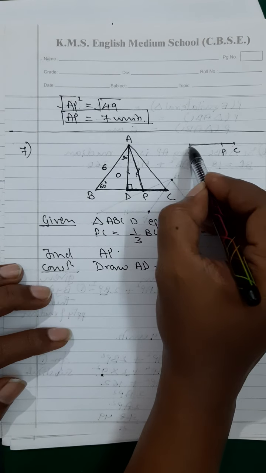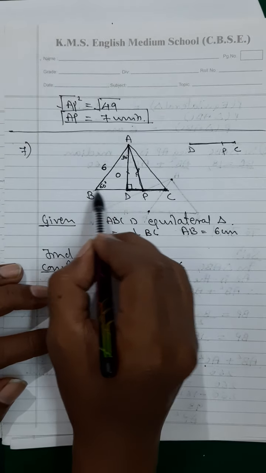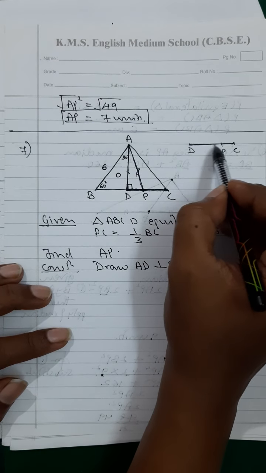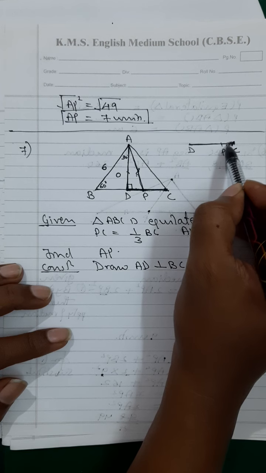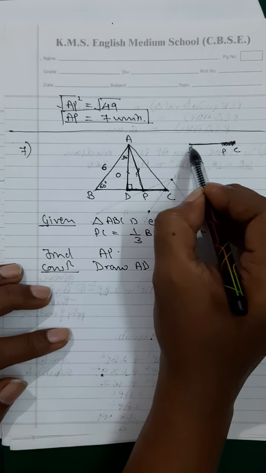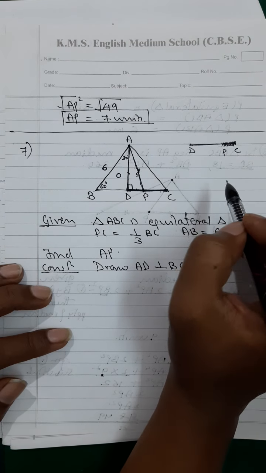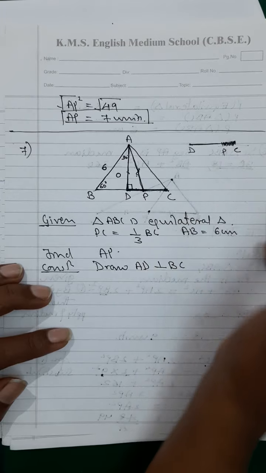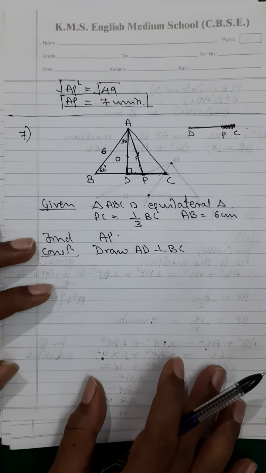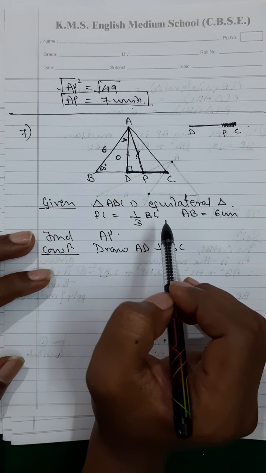This is DC. I consider DC, not any other segment. From this DC, if I cut PC, then what stays with me is DP. So that is what I have to do. DC minus PC will give me DP. But then again the problem is I have to know DC and I have to know PC.